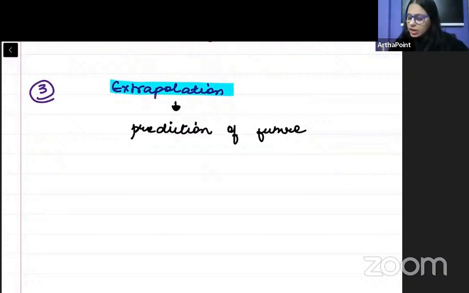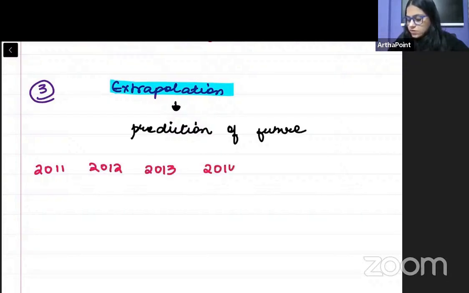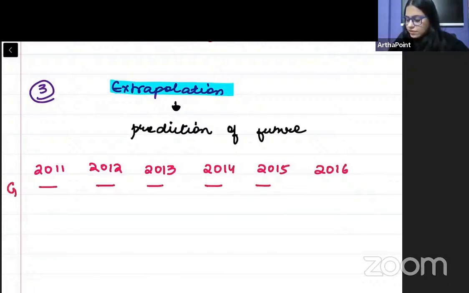Beta, I have given you the government expenditure of the years 2011, 2012, 2013, 2014, 2015, 2016. I have given you the value of the government expenditure for these years.